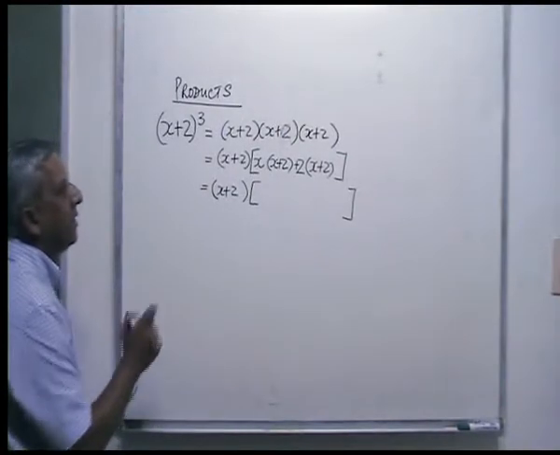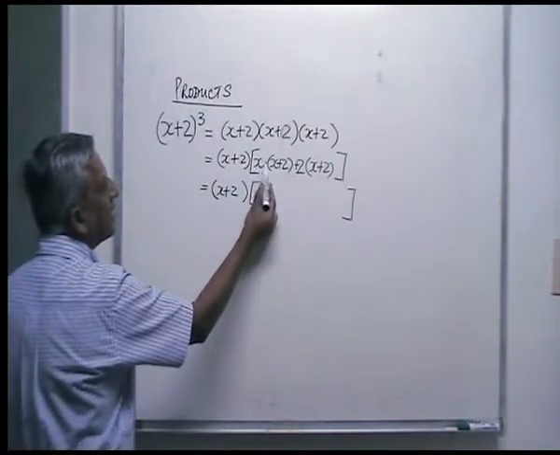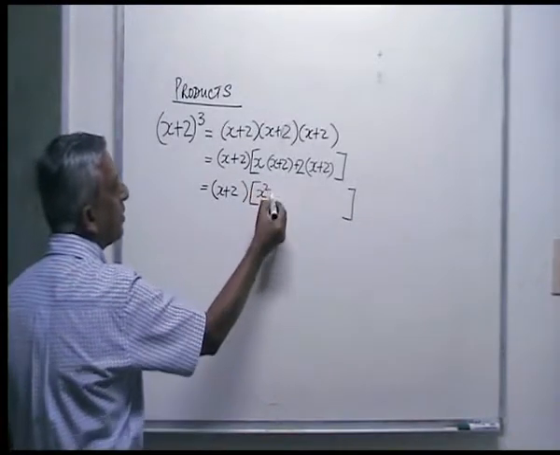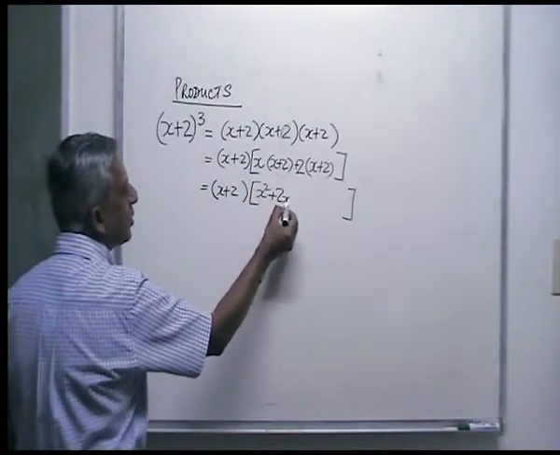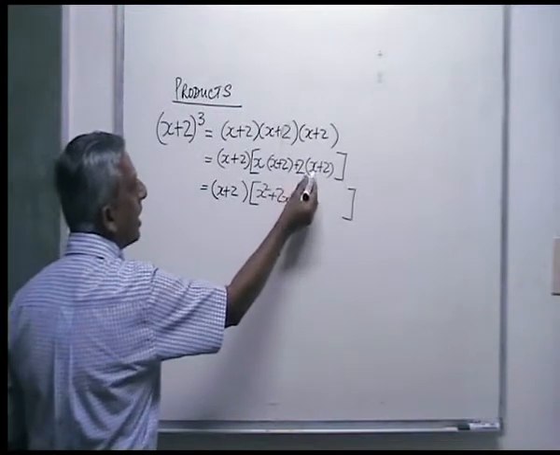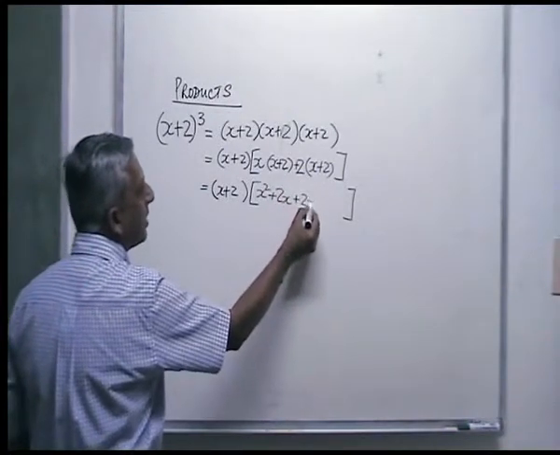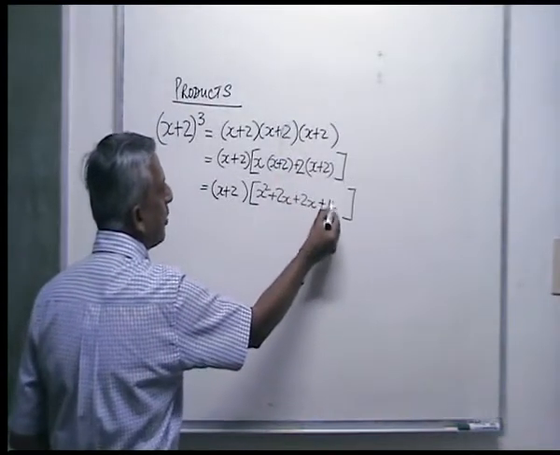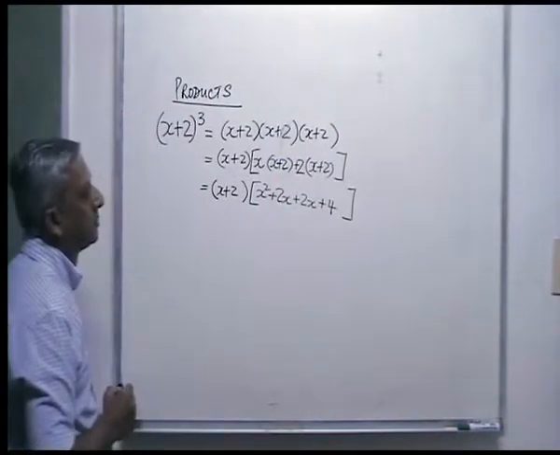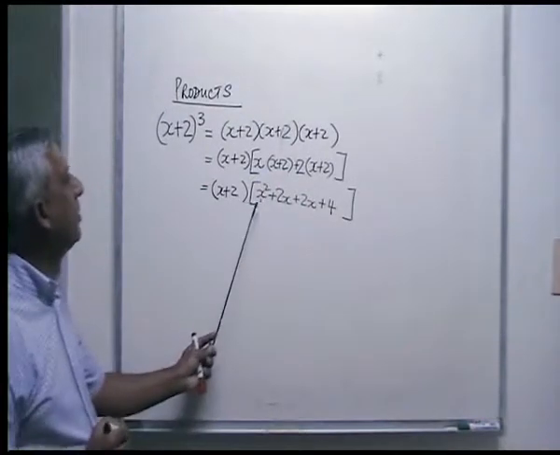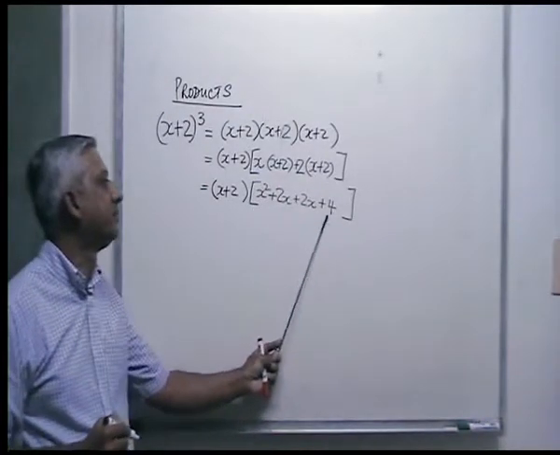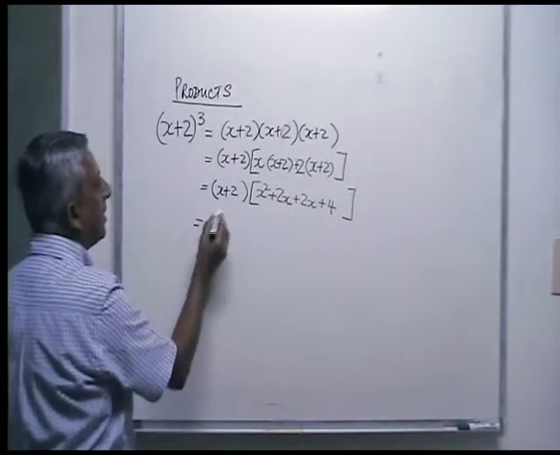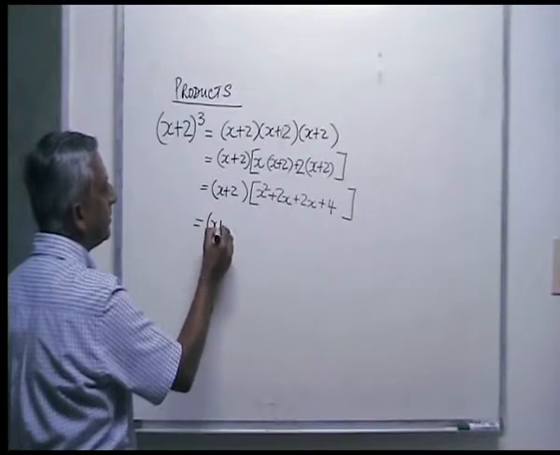So you've done that. Right, now you multiply x times x, x squared. X times 2 is plus 2x. 2 times x is plus 2x. 2 times 2 is plus 4. Alright, so now you completed that part. Right, now bring this down.